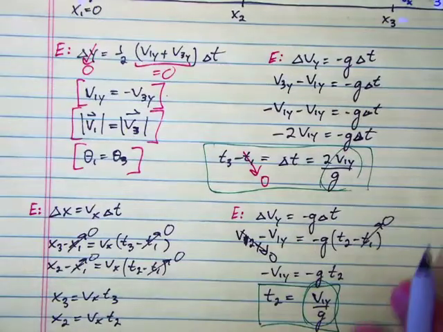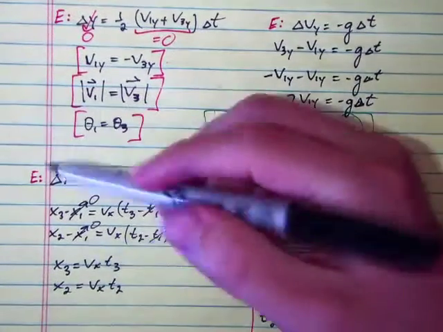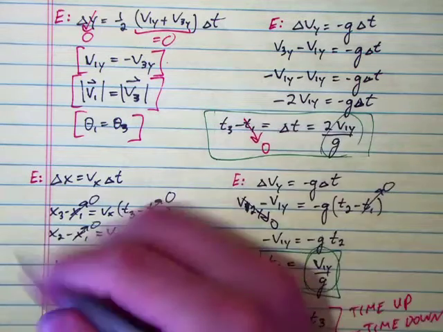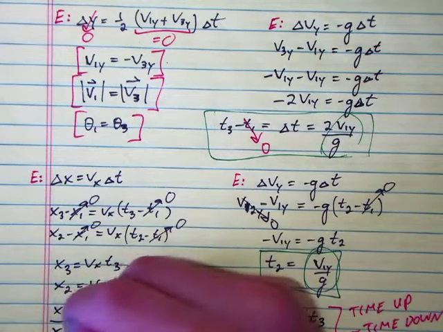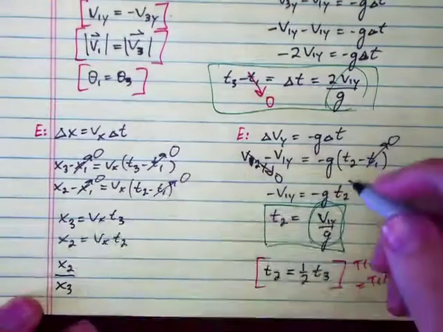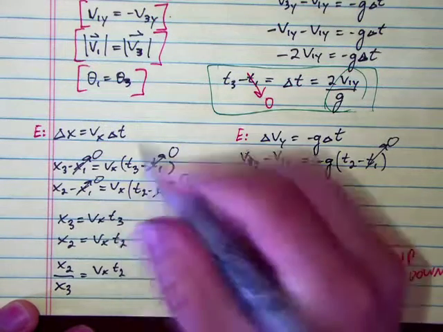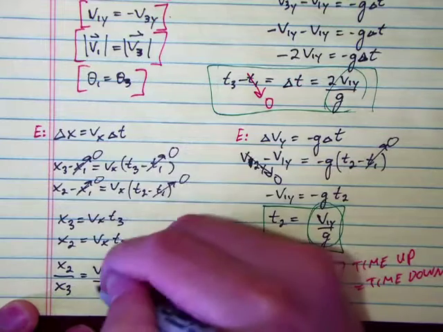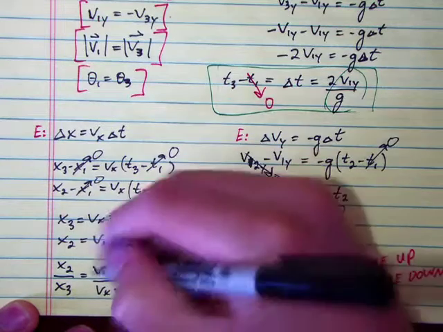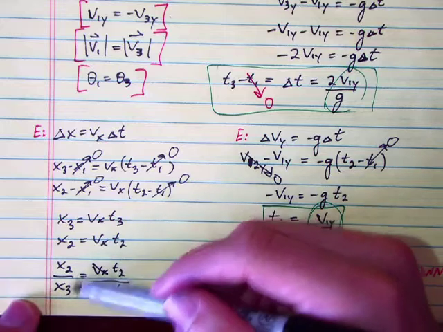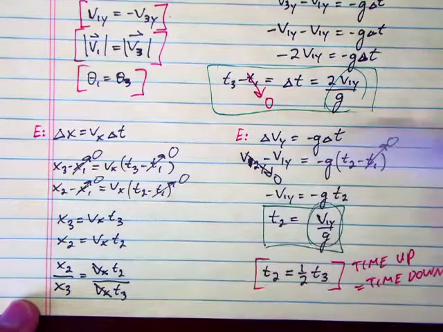I'm going to divide these two equations by each other to cancel out Vx, which is common to both of them. Vx is the same in both of them here. So x2 divided by x3 equals Vx t2, this divided by this, divided by Vx t3. The Vx's cancel out, so I've got the ratio of these two distances equals the ratio of these two times.